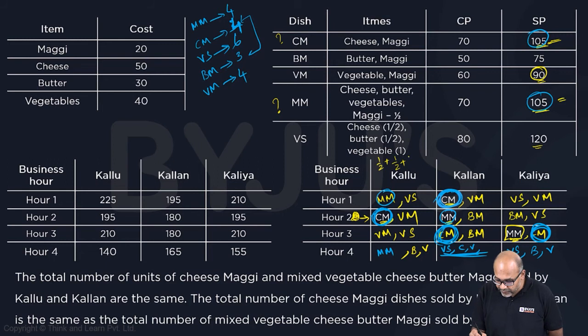CM will be cheese Maggie, 1 full unit plus VM does not use cheese. Then VM again does not use cheese. Then VS will use half unit of cheese plus, again half unit of cheese plus B and V. So 1 butter is left, 1 V is left. So total amount of cheese is 1, 2, 3. So 3 units of cheese has been used by Kallu.